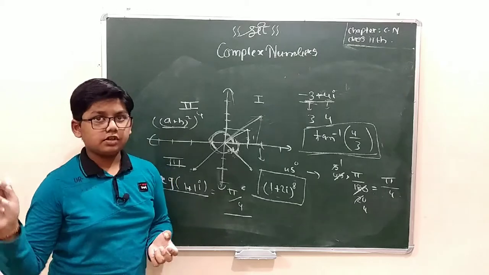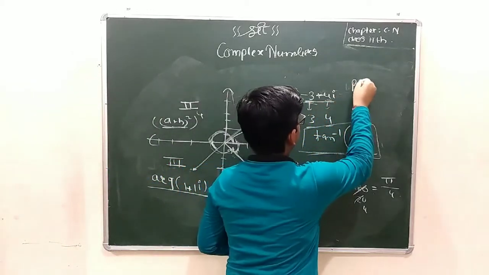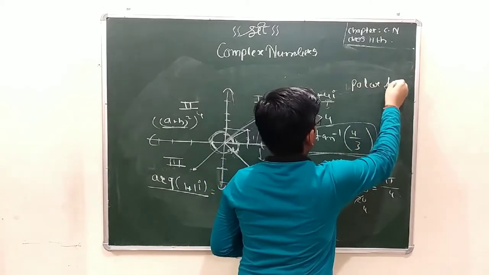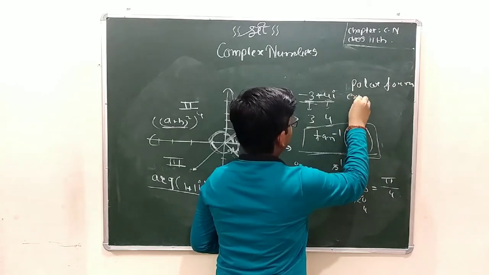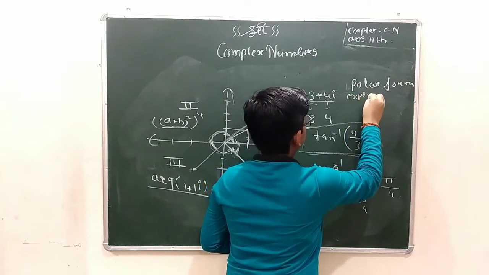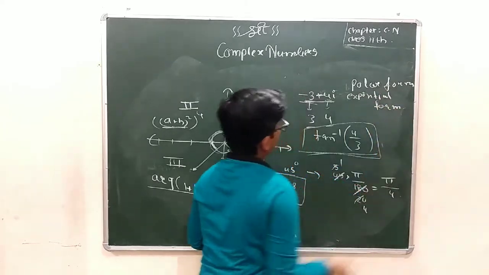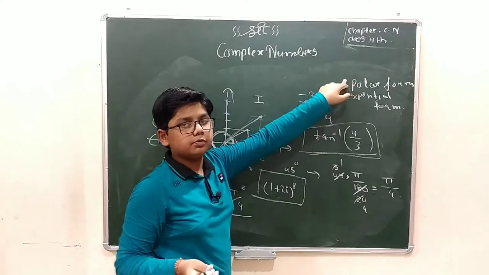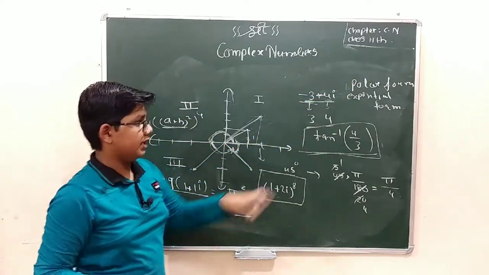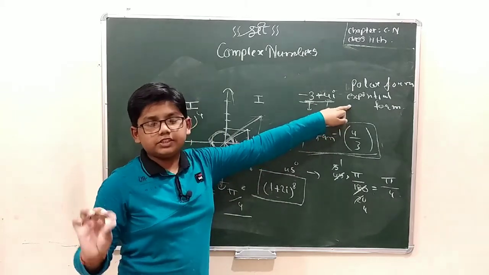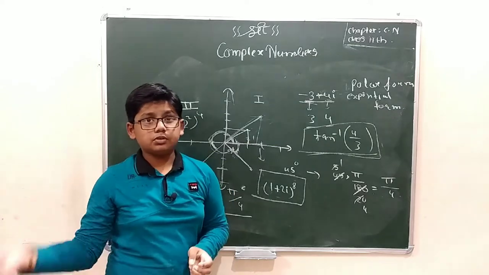The trigonometric form is the polar form, which consists of modulus and argument. And the exponential form is just Euler's identity. We can prove Euler's identity also.